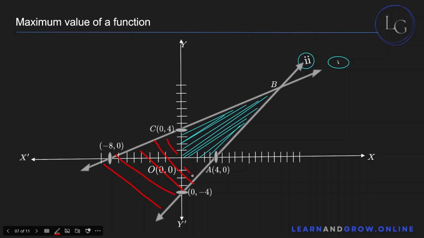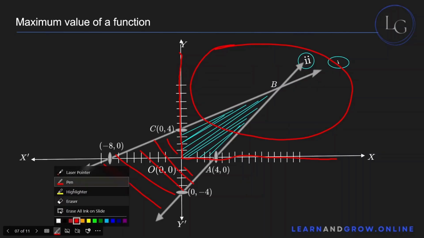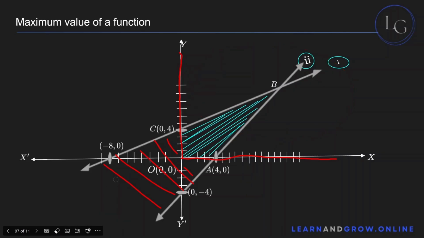Because it is part of the solution set, but it is not part of the feasible solution set, because the feasible solution set lies in the first quadrant, which is this quadrant over here. Okay, let me just rub that off, it's a bit confusing. Okay, so this blue shaded region is the feasible solution set.